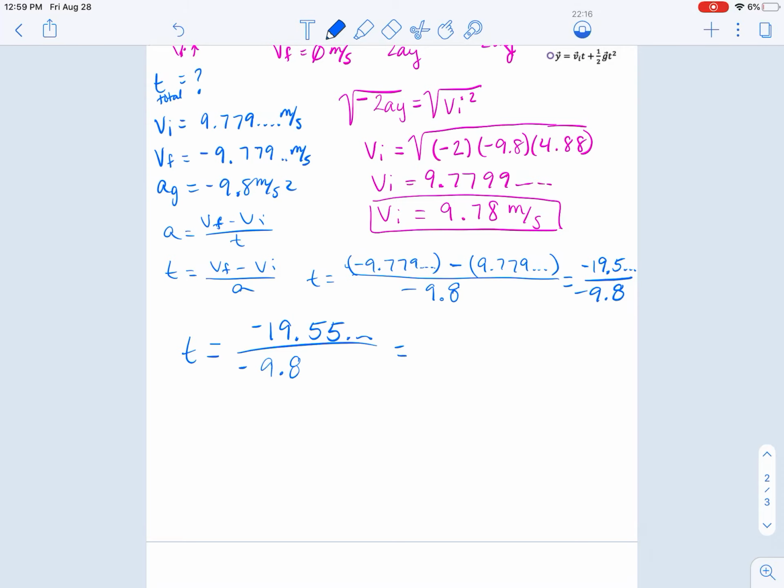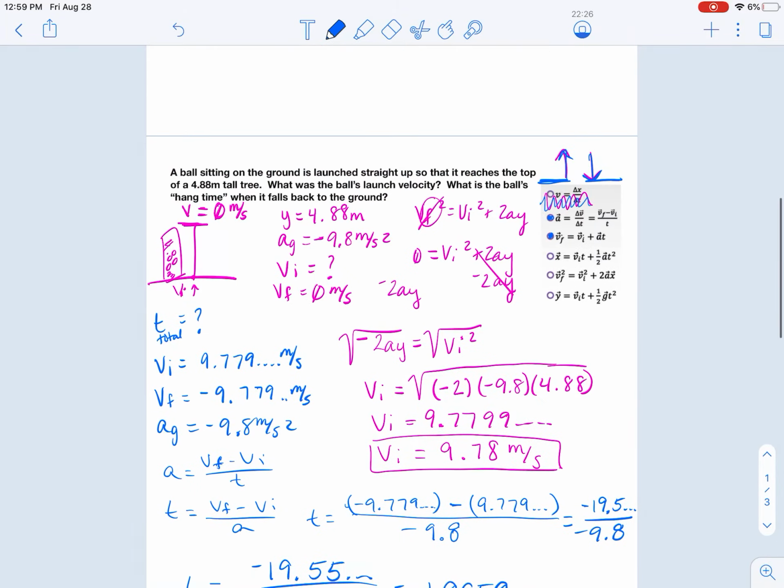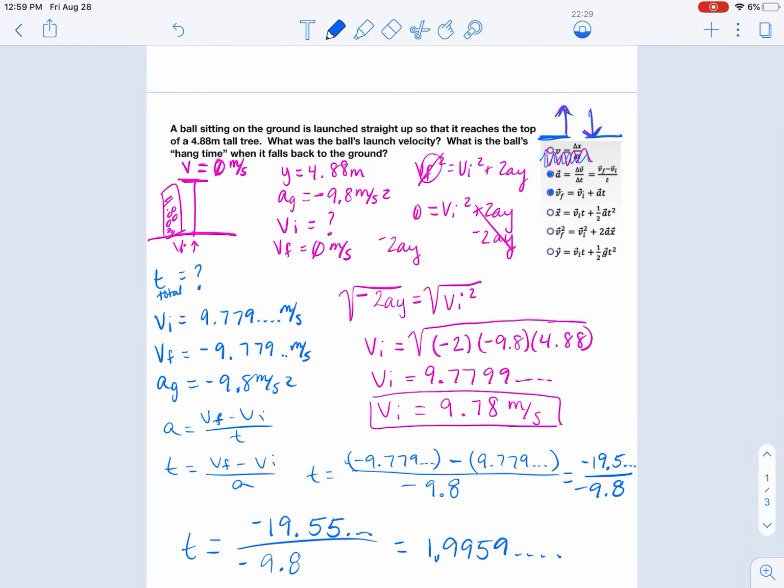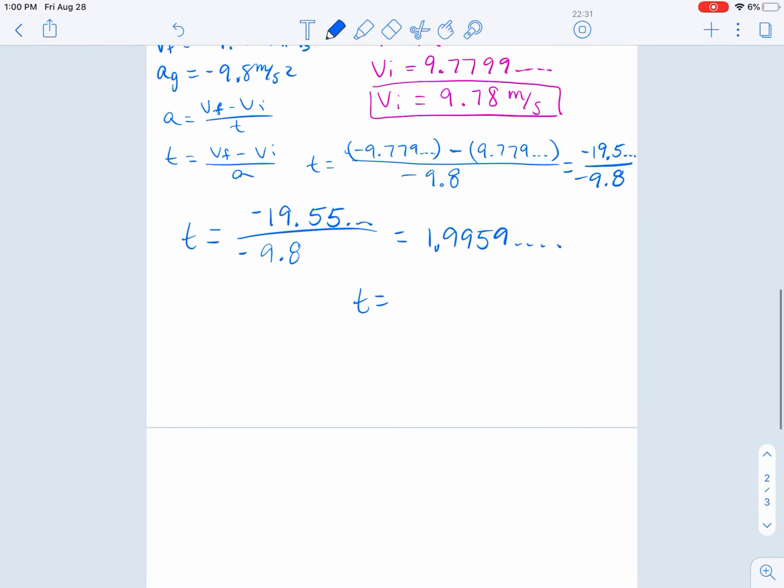This is going to give me a value of 1.9959 blah blah blah. So my final answer rounded for sig figs, once again, the original typed problem gave me 3 significant figures. So 199 followed by a 5 means that I'm going to round this up. So pay close attention to how we write this final answer. This gets bumped from a 9 to a 10, which bumps this to a 10, which bumps that to a 2. So 2.00 seconds.